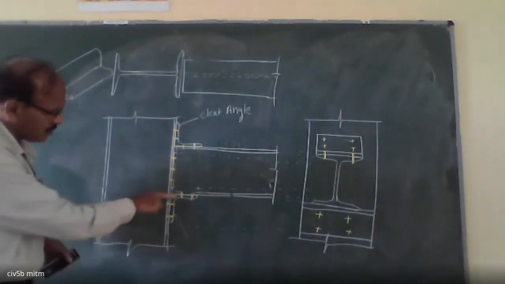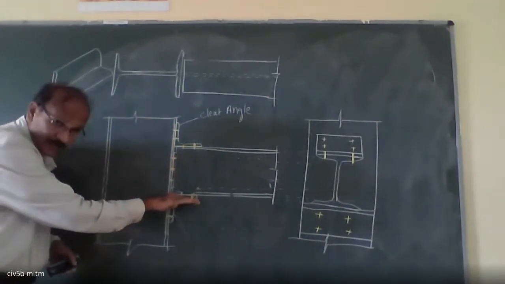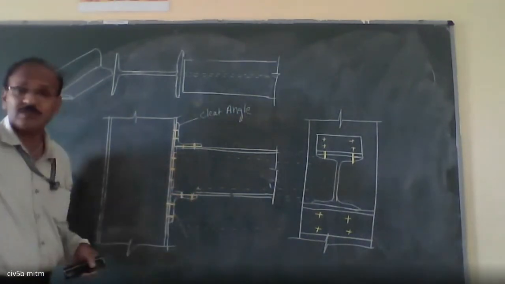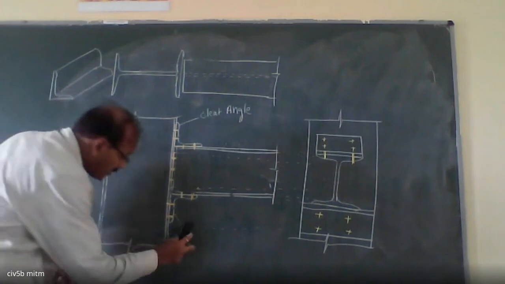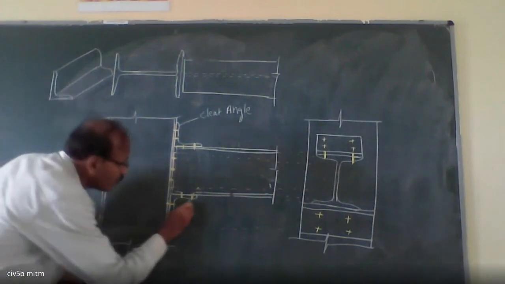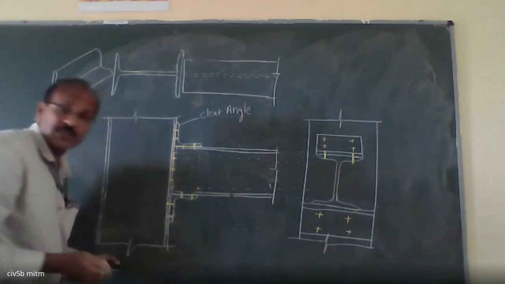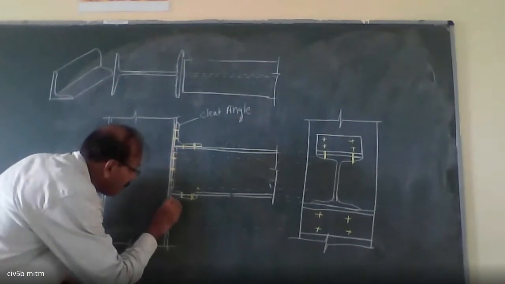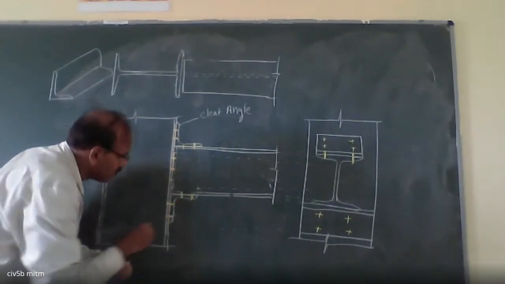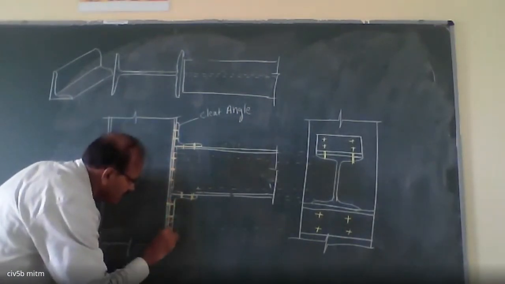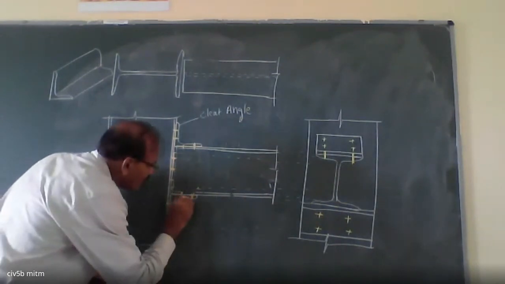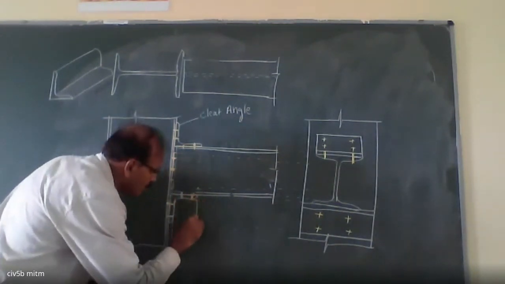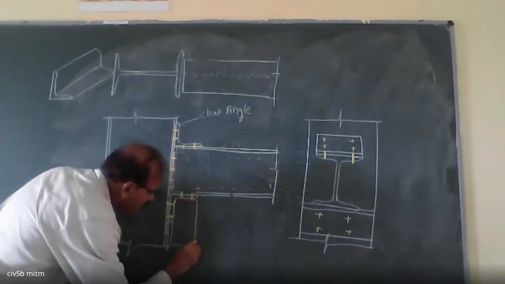So this angle may bend downwards. So to stiffen that, what we do is we are going to provide some T section or some additional plates like this.